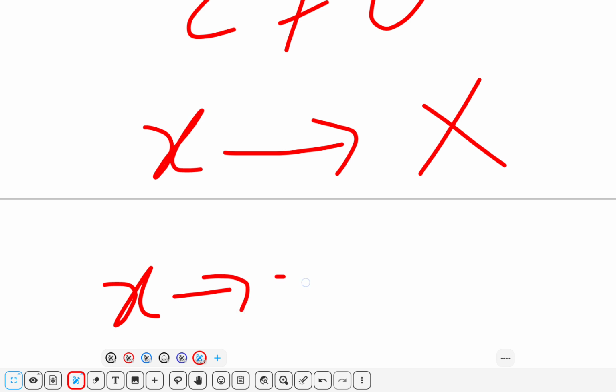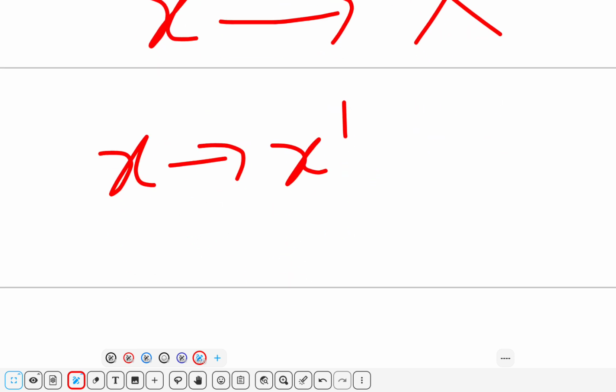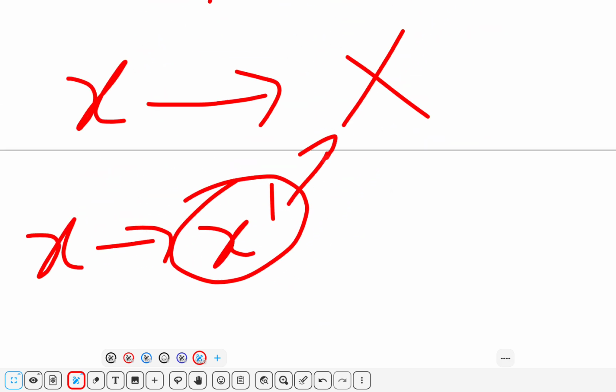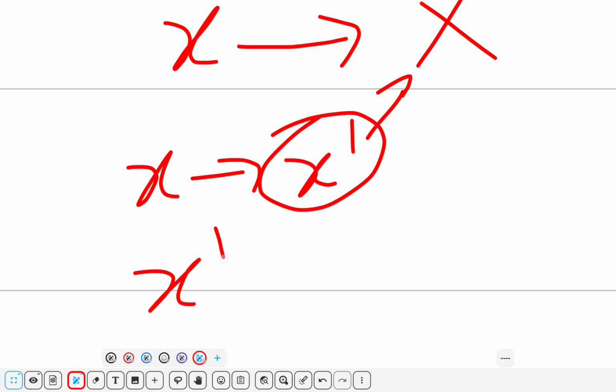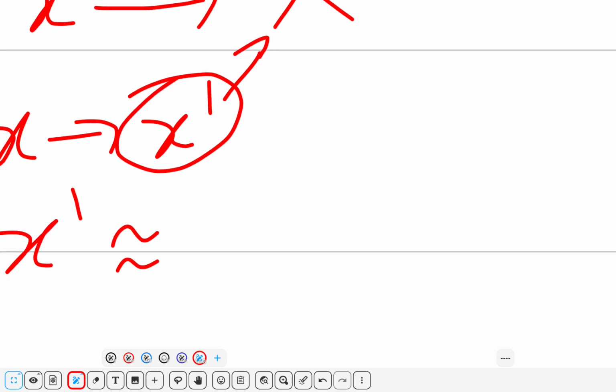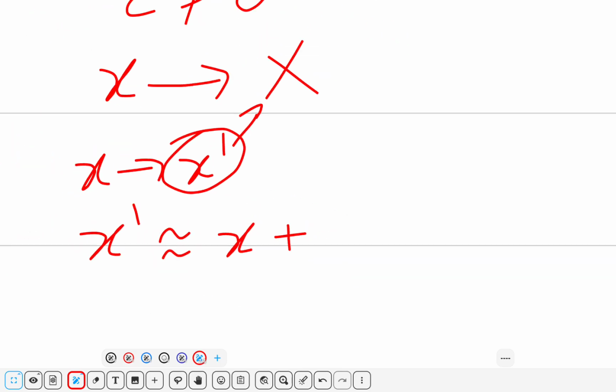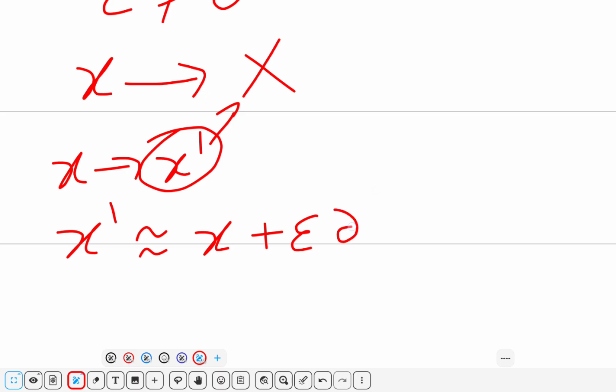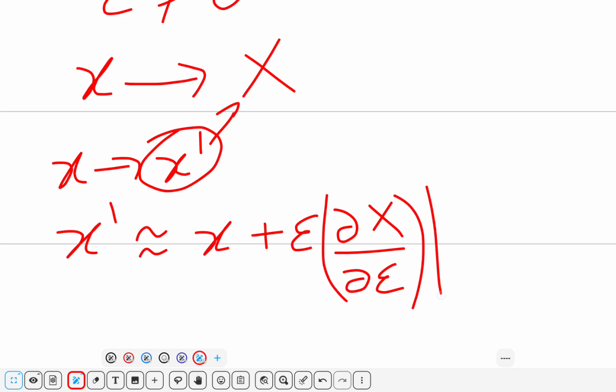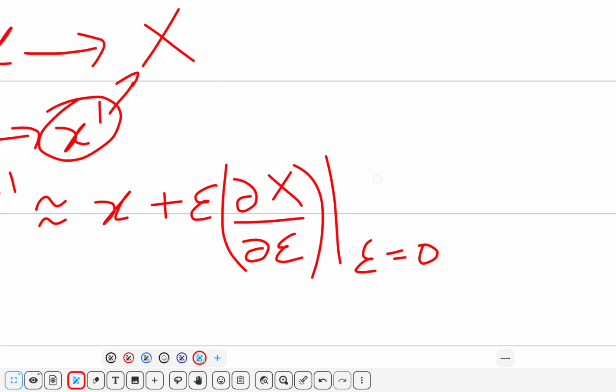This x becomes some other coordinate, and we write it something like this. This is just some fancy math, don't worry about all this.